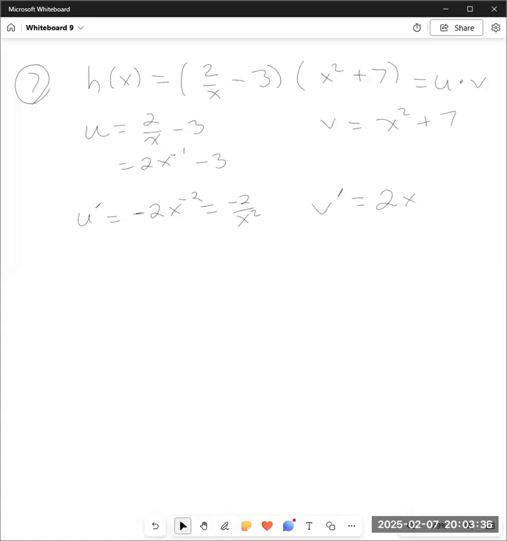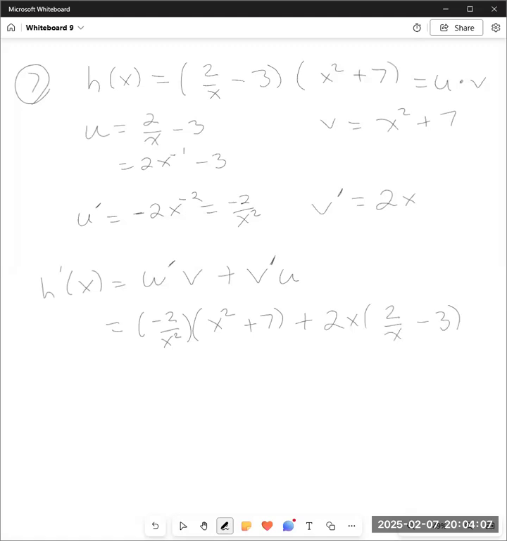So my h prime of x is equal to u prime v plus v prime u, which is equal to negative 2 over x squared times x squared plus 7 plus 2x times 2 over x minus 3.